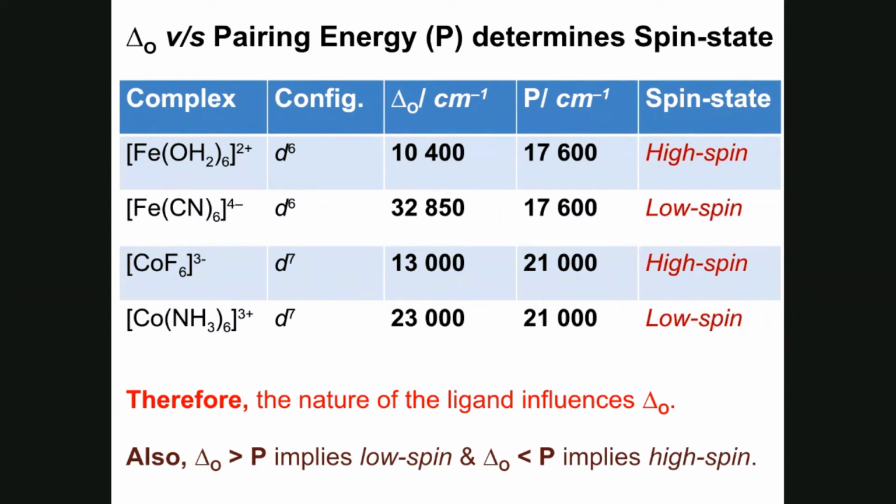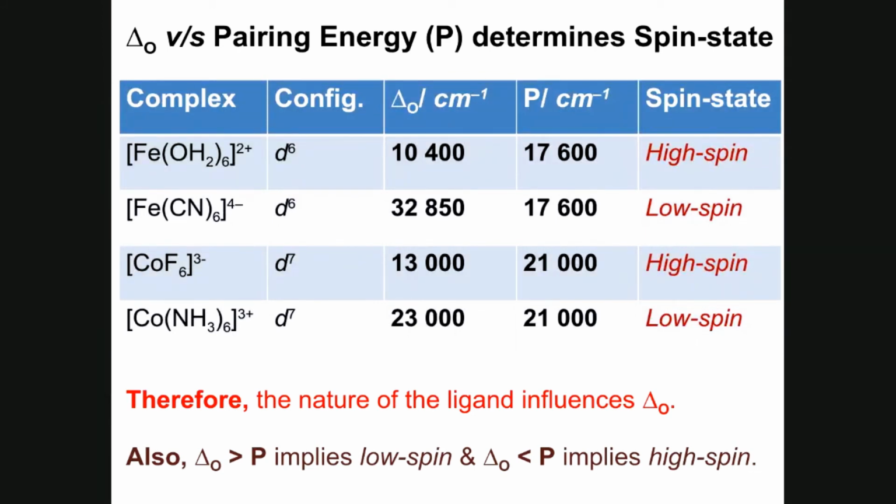It tells us that the nature of the ligand is a very important determinant of the size of the splitting. See how, by just changing the aqua ligand to the cyano ligand, we have sort of tripled the value, which is very significant. So it tells us that the cyanide does something that far exceeds the aqua ligand.